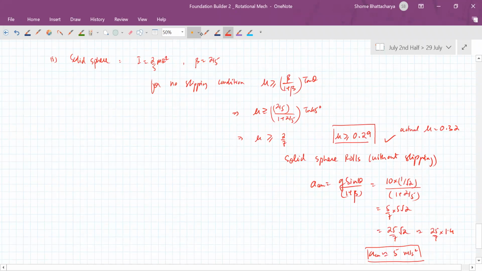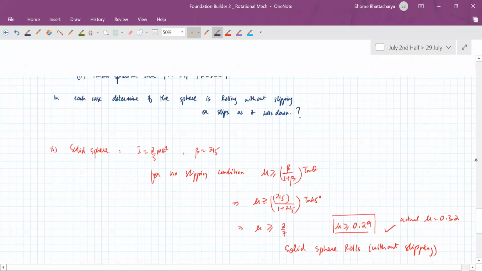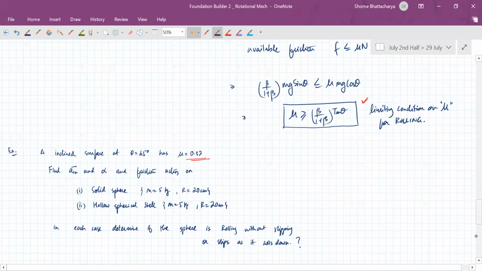And the friction acting on it, we can do the direct formula, no? ACM, it will be equal to... the mass was, I think, 5 kg.